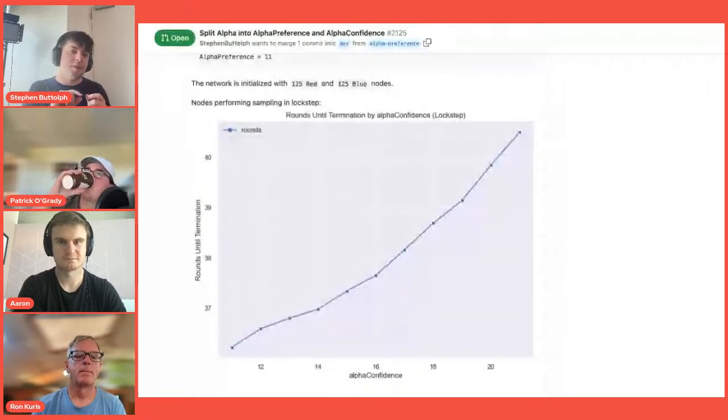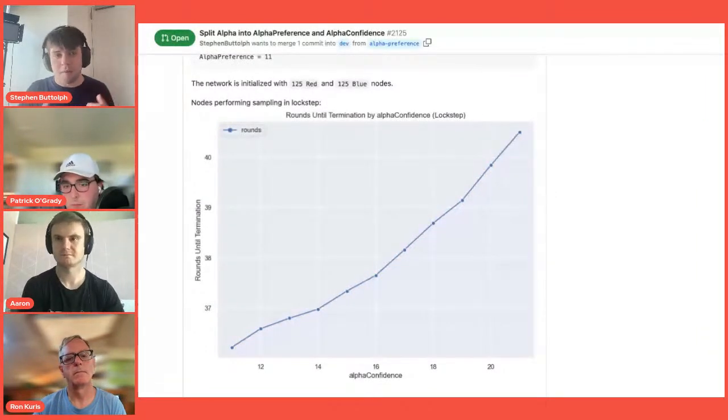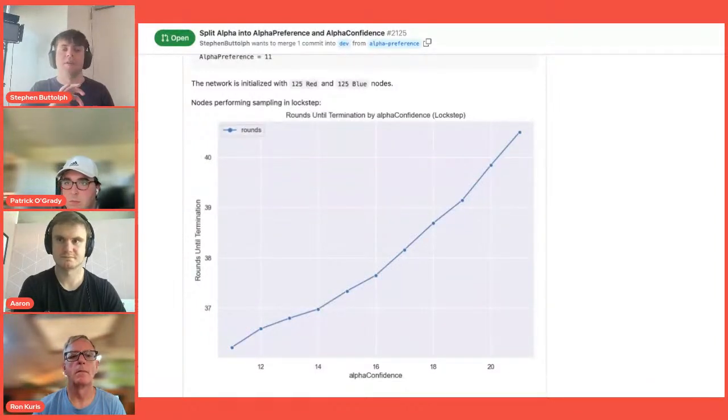But in this case, that's very much not the case. It still grows, but it grows at a much more reasonable rate. And so I think the simulations show that this is a very practical way of keeping the performance very high without negatively impacting the safety.